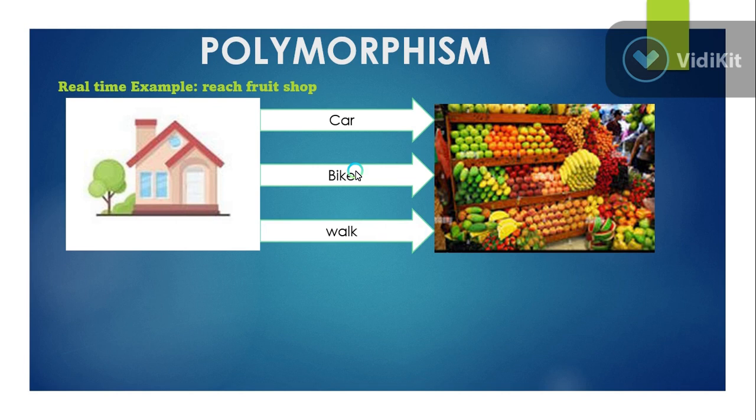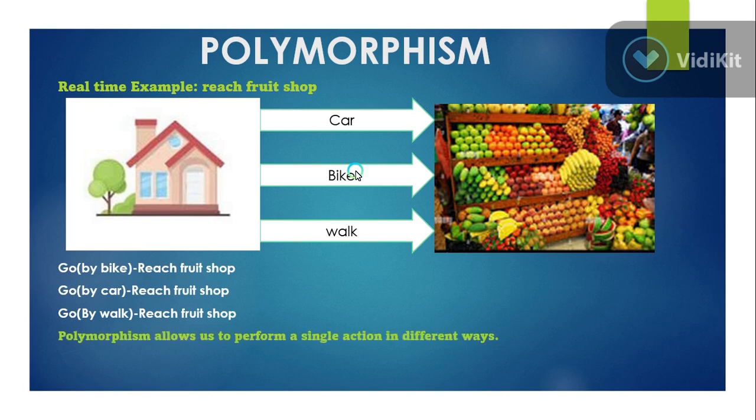So the action is reaching the fruit shop from my home, but I'm doing it in different ways. That is polymorphism. Polymorphism allows us to perform a single action in different ways. Here reaching is the action, and I'm doing it in many ways.